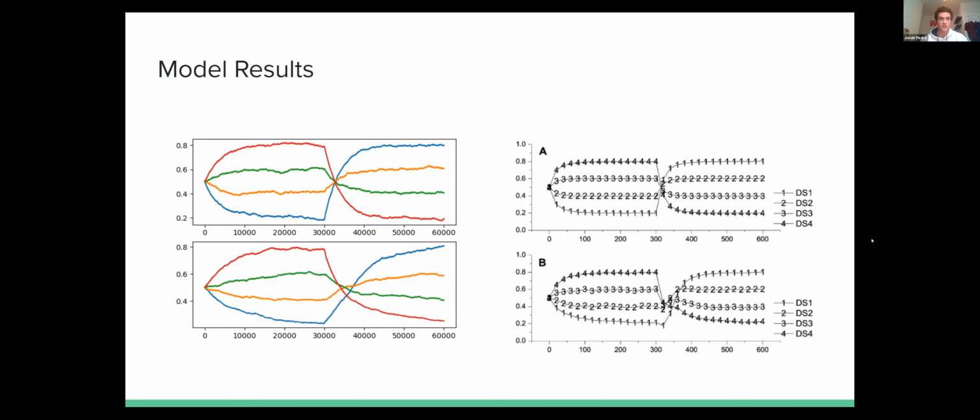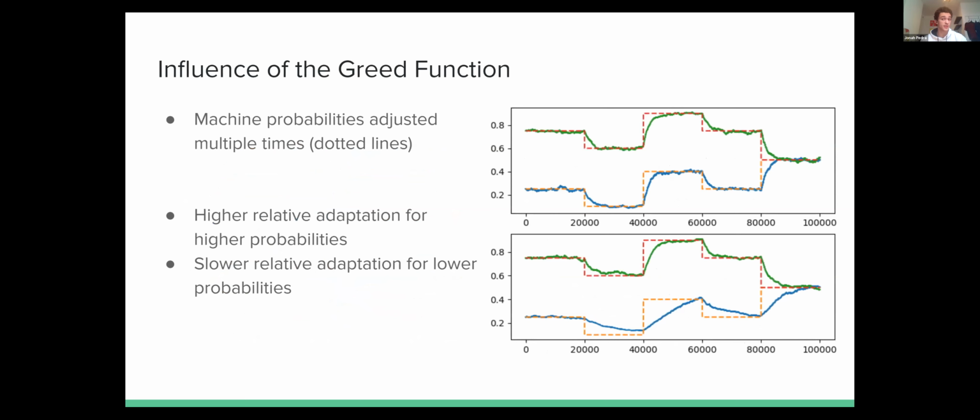Now, why this occurs can best be explained by introducing a new simulation where the machine probabilities were changed 5 times over the course of the simulation. These probabilities are visible in this diagram as the dotted lines, which change by the same amount, like for example, minus 0.1 or plus 0.15 for both the higher and lower probabilities. However, the starting points are different, being 0.25 and 0.75 respectively.